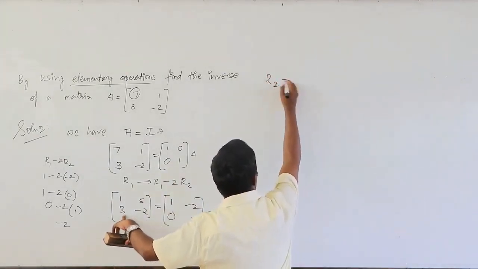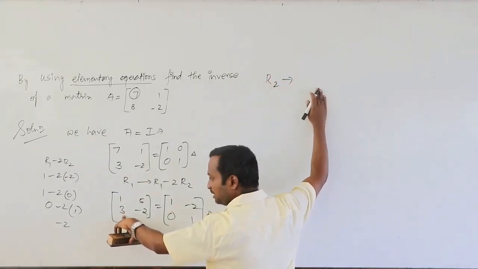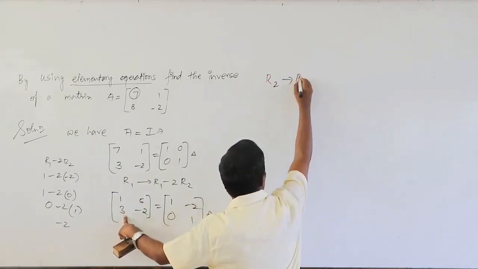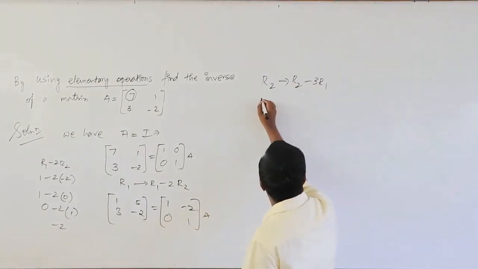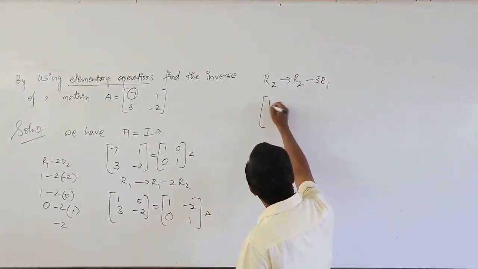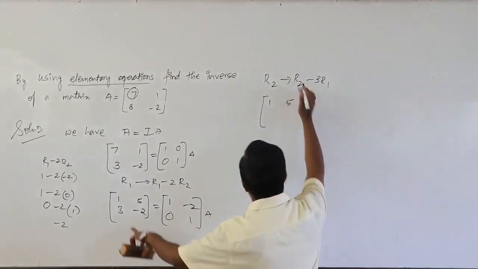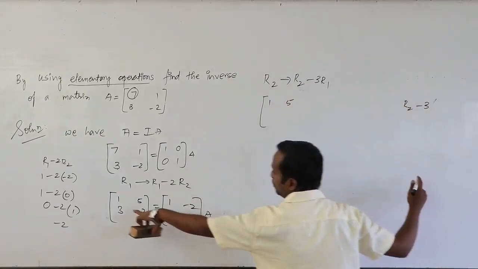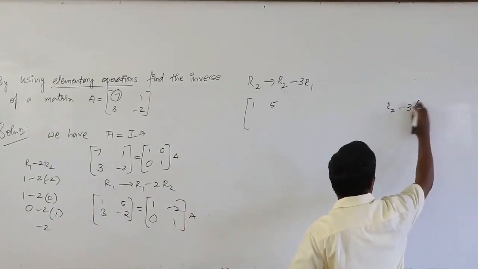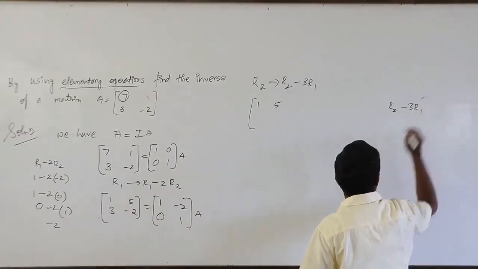Next, what I have to make 0? Which element? In R2, it is 3. R2 replaced by R2 minus 3R1. So R1 not changed. 1, 5 observed. R2 is what? R2 minus 3 R1. I will write roughly.